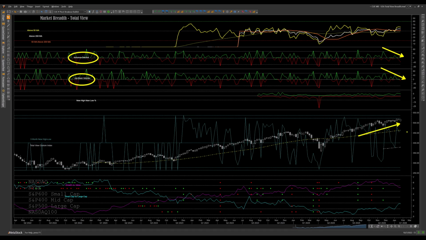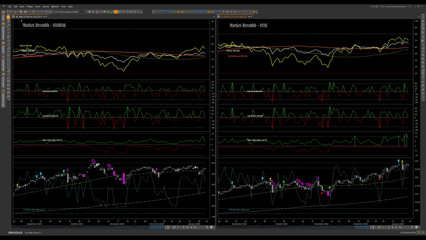As I explained in the Q Masterclass videos, the divergences, if any, in advanced decline and up-down volume are best seen in the weekly interval as we are using now, and these divergences are a cause for concern. Later on, I will show that these divergences in the weekly interval exist in lower-level instruments like composites and major indexes as well. From the total view, let's drill down to the composites, NASDAQ and NYSE.